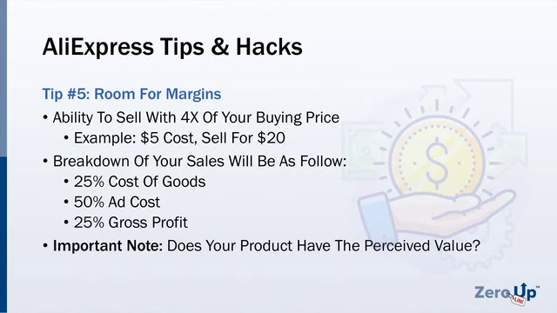So you got to basically live in your market and ask yourself, if I were to sell this product at 4x the price, will the person on the other side of the screen want to buy the product, right? So you got to answer that. Is there a perceived value? And if there's no perceived value, then obviously you can do 3x. And that may still work, okay? But 4x is always going to be the golden number.